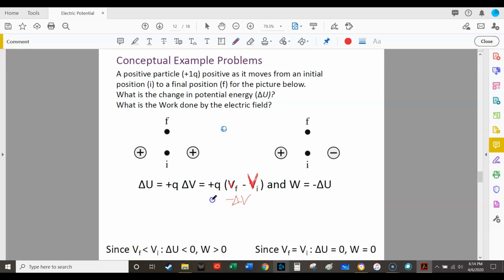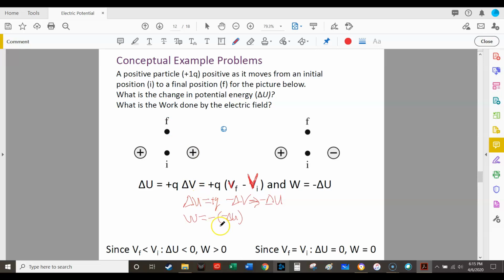And what that means is that our delta U is going to end up being negative. So delta U is less than 0. So our work done is going to be work equals negative times a negative delta U. And that means the electric field is going to do positive work in moving this charge from here to there.